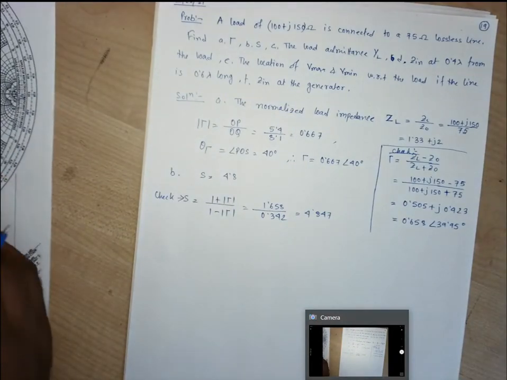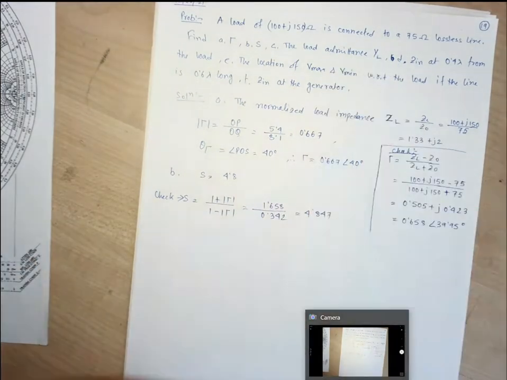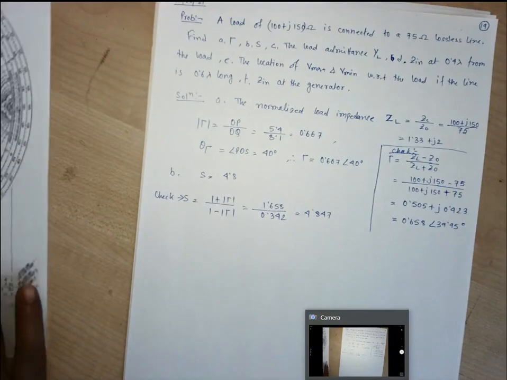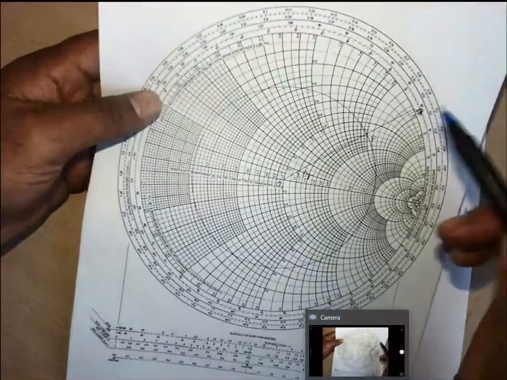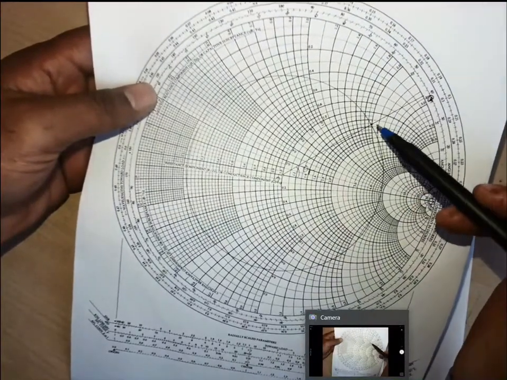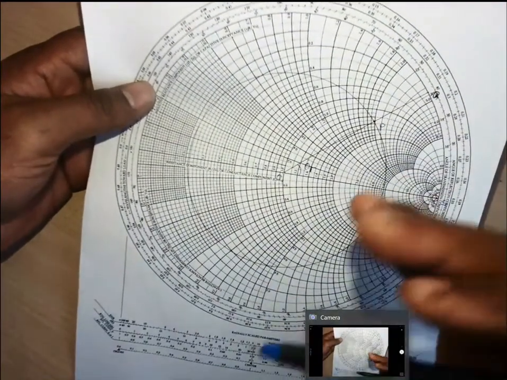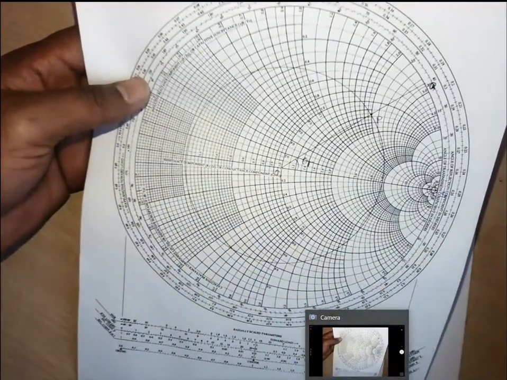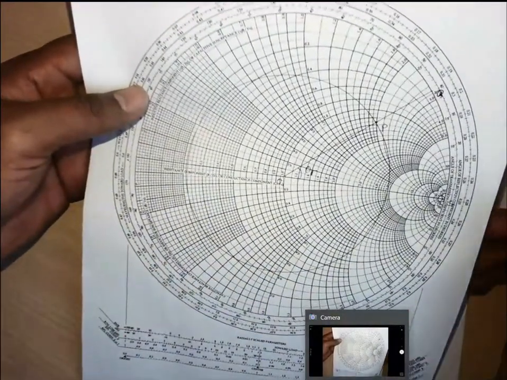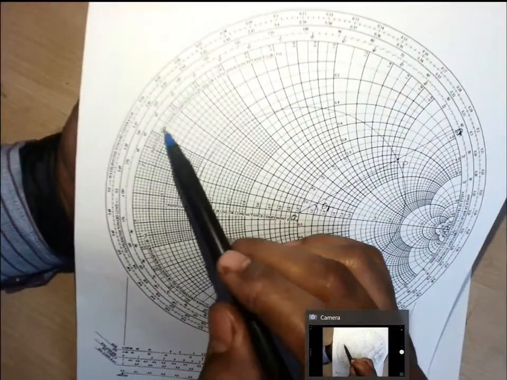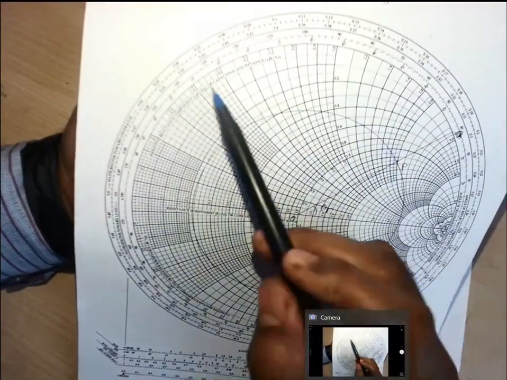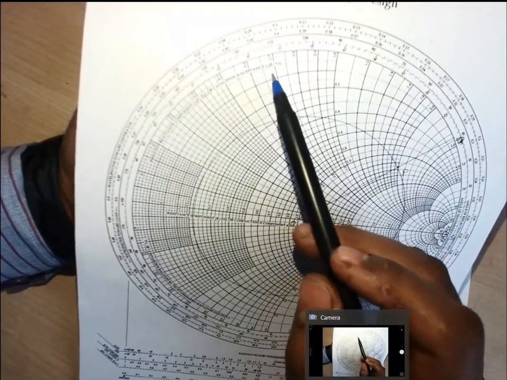Okay. Next, we need to find out the admittance. So you can find out if this part is your inductance, the same point in the below of this axis will represent admittance, because you will find this says inductive reactance component, same it says capacitive susceptance.